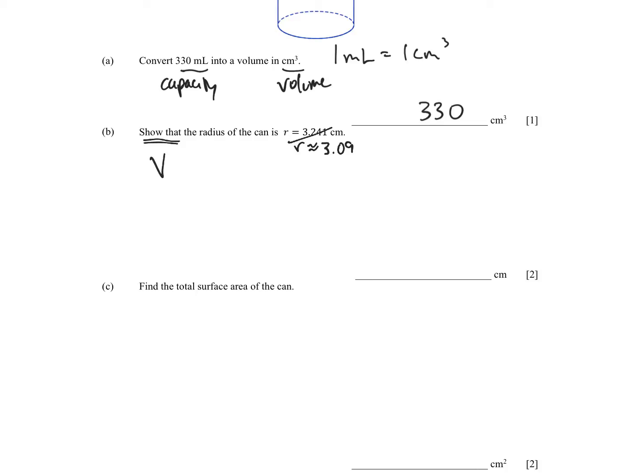And so the only information that we have is the volume of the cylinder. Since the volume is in centimeters cubed, whenever I calculate this, my dimensions will be in centimeters. And I know that my height is 11.